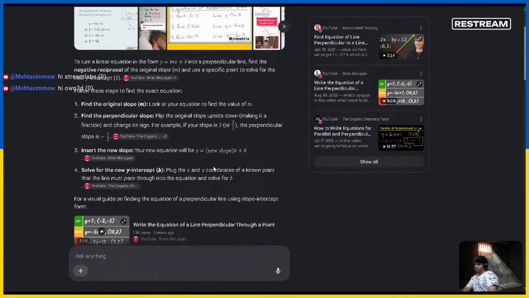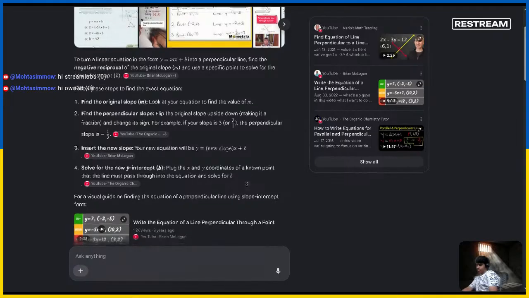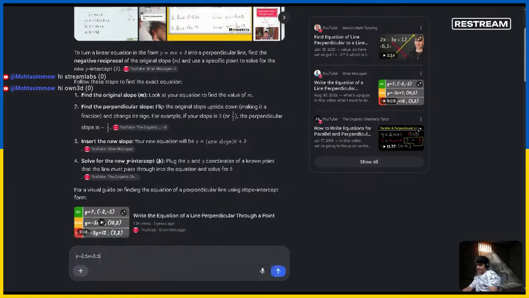Oh wait, you didn't even see what I was doing. Set the new slope to the x and y coordinate. Solve for the new intercept, plug in the x and y coordinate of the known points.